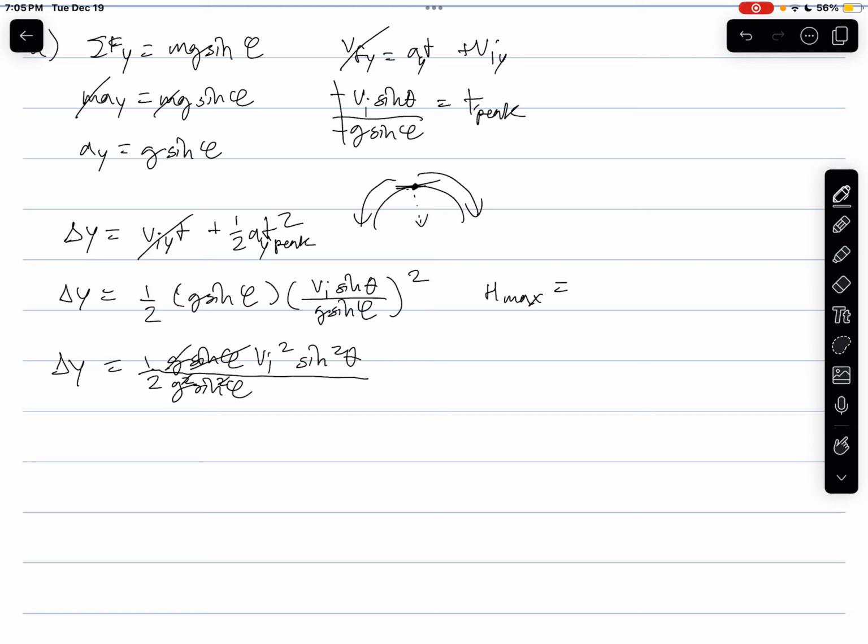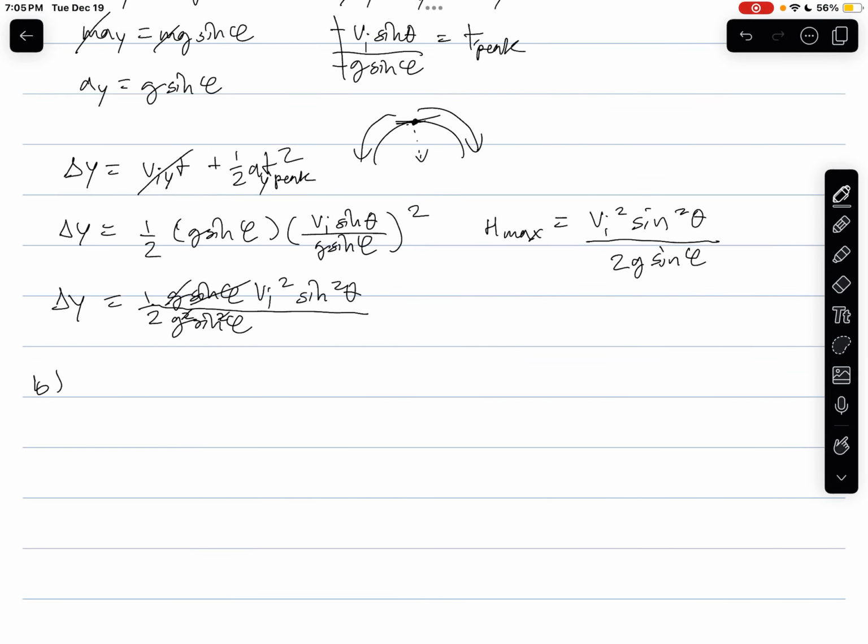The h max, which is the maximum distance the board will go up before it slips down again, is going to be v_i squared sine squared theta over 2g sine of theta 2, which makes sense with the other h max formula when there's just gravity, but this time it's with this kind of gravity because it's on a ramp.